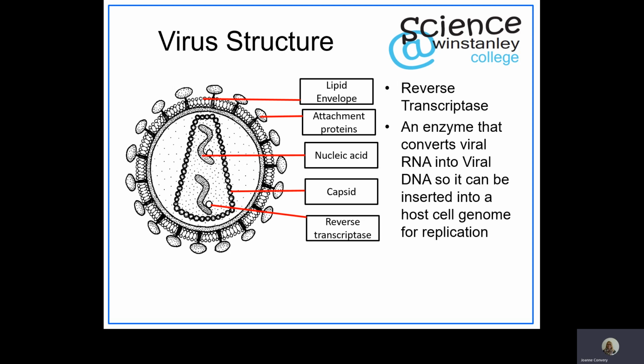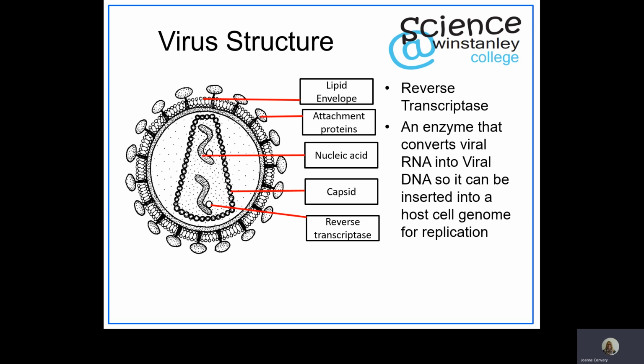Transcription normally converts DNA into a messenger RNA signal. What reverse transcriptase does is take the RNA and convert it back into DNA. So it's going to convert the viral RNA with the genes in it into viral DNA, inserted into a host cell genome for replication. So a really important little enzyme there.